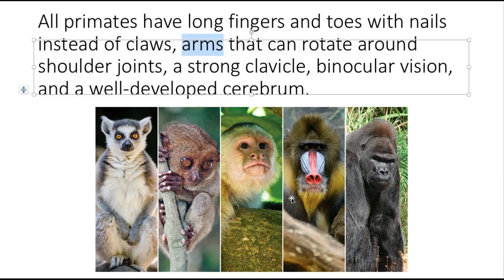But for a bird, it can only go up and down. For a fish, it can only go kind of forward and backward. It can't go in all directions. Plus, they don't have a shoulder joint. A strong clavicle, and binocular vision, with 2 eyes, you can put the 2 images together and then see things in 3D. And the well-developed cerebrum, that's the front of your head that allows a lot of human activities.